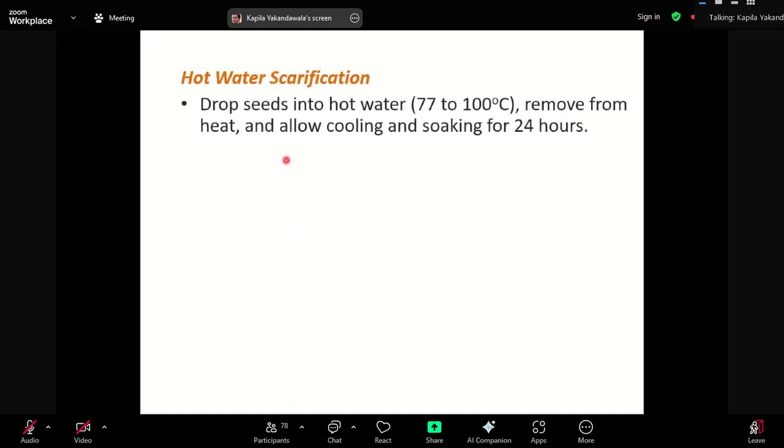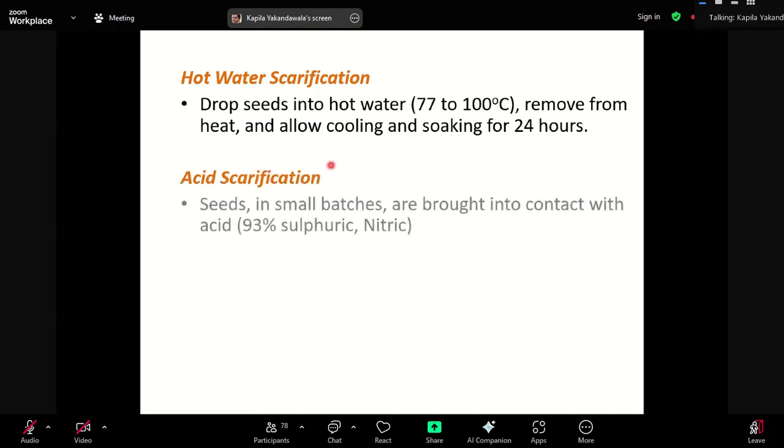Next one, hot water scarification. Depending on the seed, we can use different temperatures for different durations so that it will damage the seed coat and allow water penetration. Or we can use acid. Then we call it acid scarification, like sulfuric or nitric acid can be used.